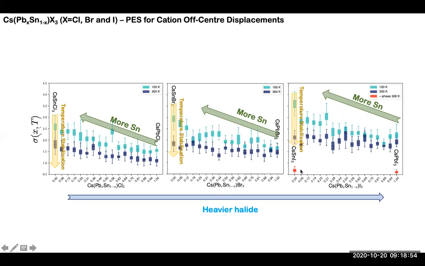And lastly, if you look at the truly stable phase, which is the orthorhombic phase of iodide, colored in red here, they have a very low anharmonicity score at 300K, so they are the stable structure at 300 Kelvin.